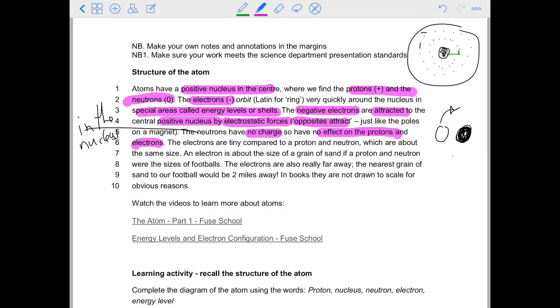So the nearest grain of sand to our football would be 2 miles away. Naturally, if we drew them at that proper scale, it wouldn't fit in your book or on this page, so we don't draw them to scale for that reason. But it is something to keep in mind that that is the difference in size between them.